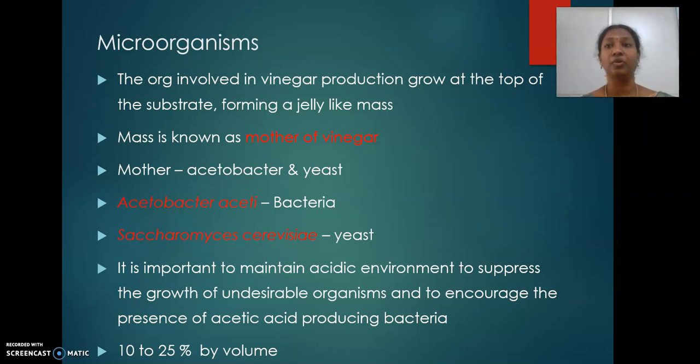It is also important to maintain an acidic environment to suppress the growth of undesirable microorganisms and to increase the presence of acetic acid. What percentage do we get? After the fermentation process is complete, we get 10 to 25 percent by volume.